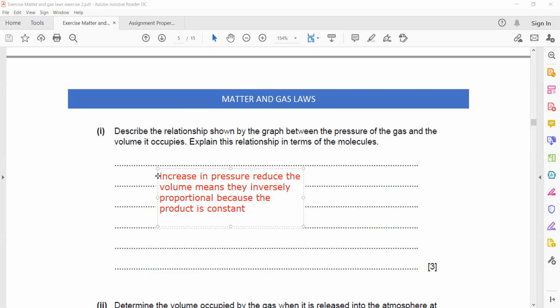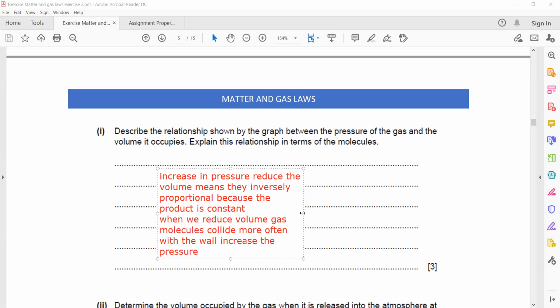And how in terms of molecules? So when we increase pressure or when we reduce volume, gas molecules collide more often with the wall, increasing the pressure.